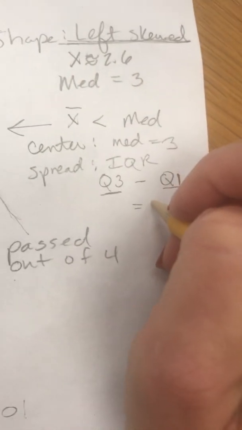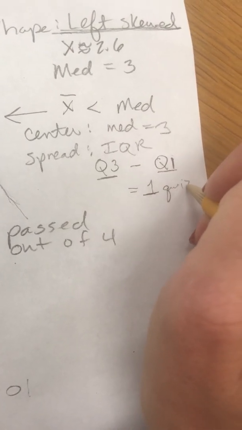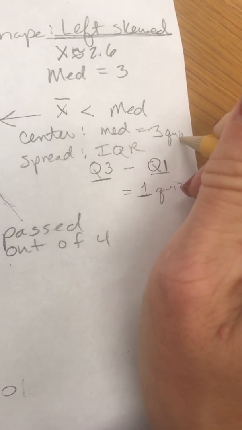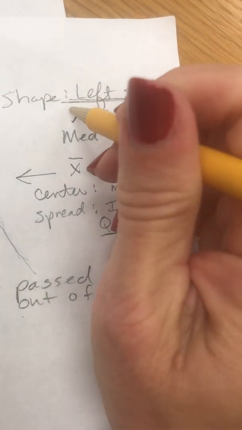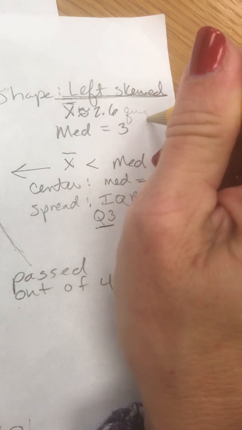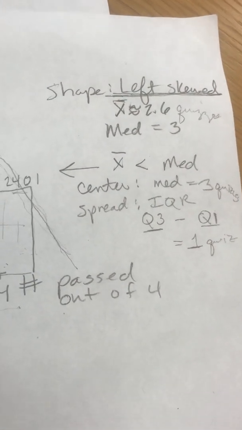So I have an interquartile range of 1, and the units would actually be quiz. And the median would be passing 3 quizzes. So the average, I would expect X bar to be 2.6 quizzes. I've got shape, center, and spread.